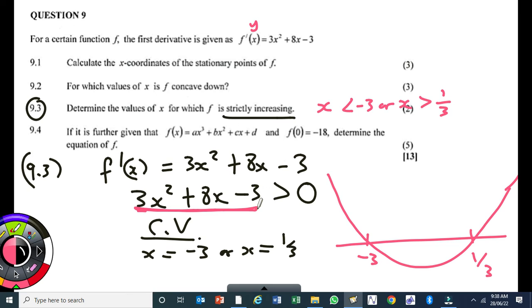If you've got a calculator, most of you don't have good calculators. This calculator is for grade 8 and 9. There's a calculator which can solve quadratic inequalities.